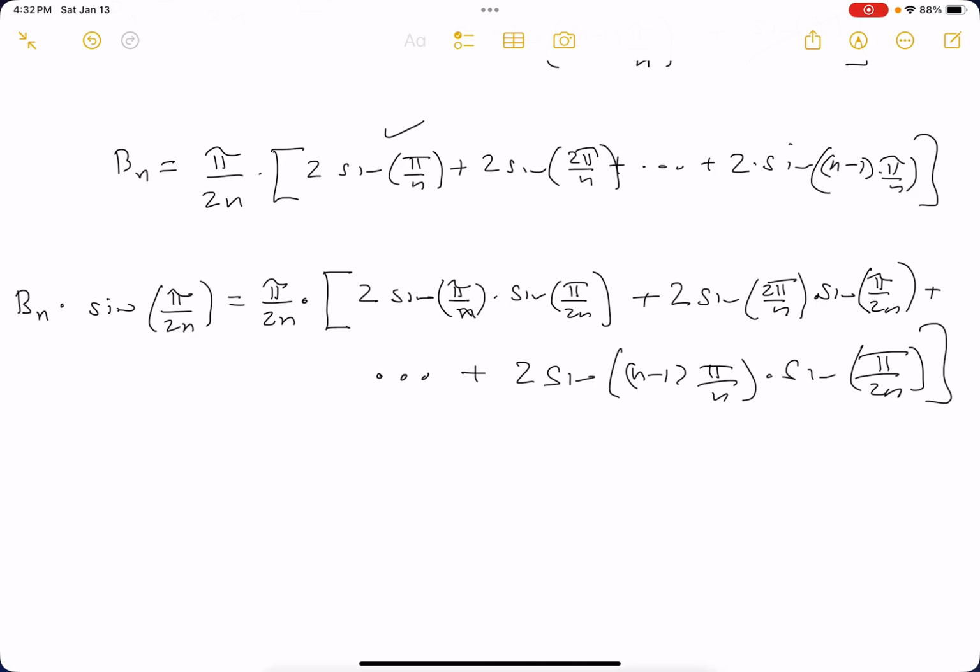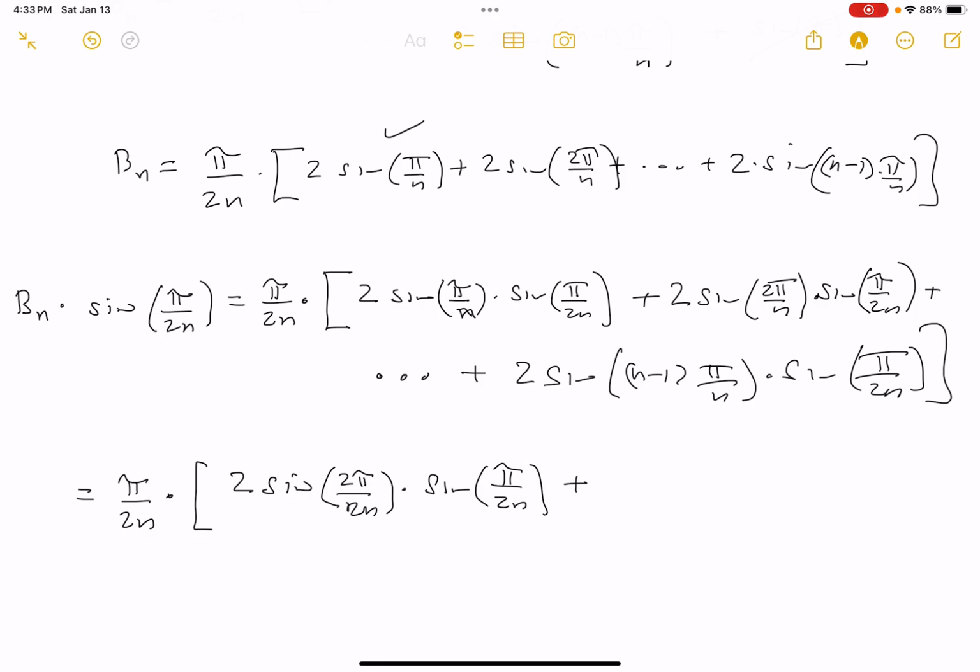We're a little differently. Let's do that. So pi over 2n, 2 sine, I'm going to write it as 2 pi over 2n times sine of pi over 2n.